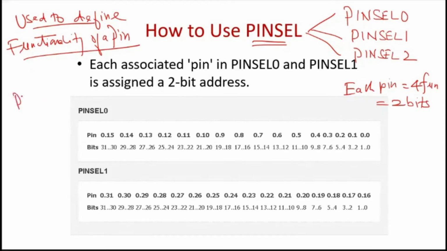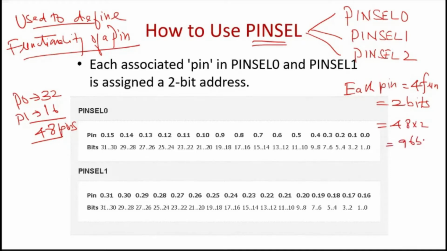So port 0 has 32 bits, port 1 has 16 bits, totally 48 pins. If each pin takes 2 bits, 48 into 2, you require 96 bits. Out of these 96 bits, pin select 0 contributes 32, pin select 1 contributes 32, pin select 2 contributes 32, totally 96. Which exact pins do these deal with?